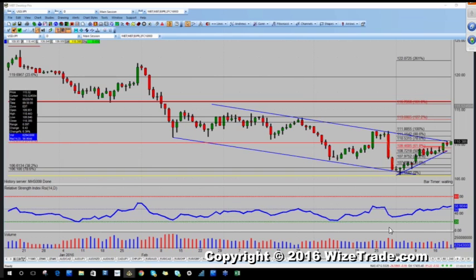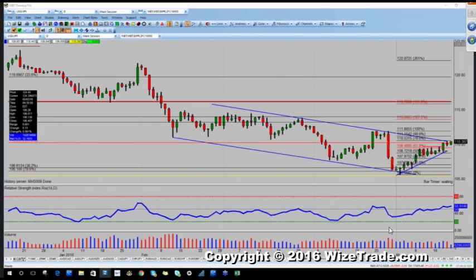What that suggests to me is that the yen is losing some of its safe haven bid. That's something that we haven't seen in a long time. And what makes it so interesting is that I'm so bearish the Japanese economy.